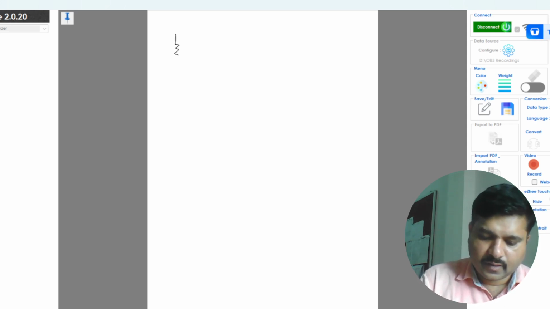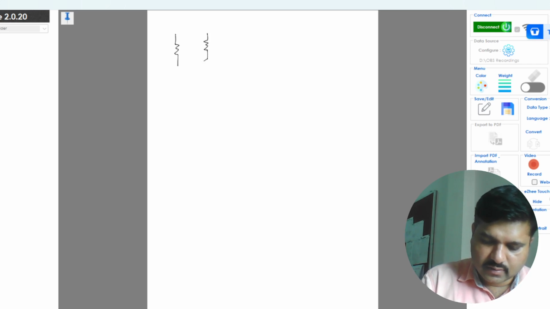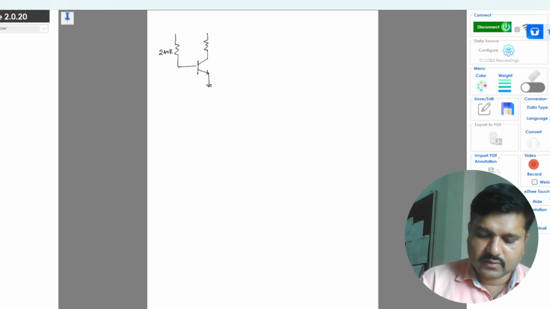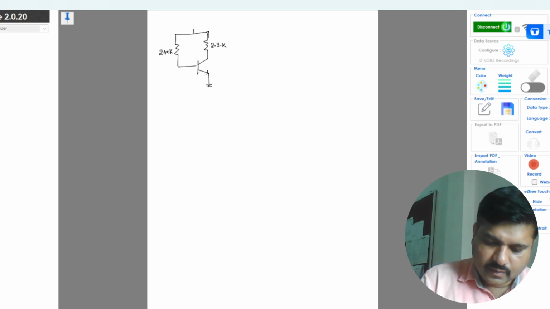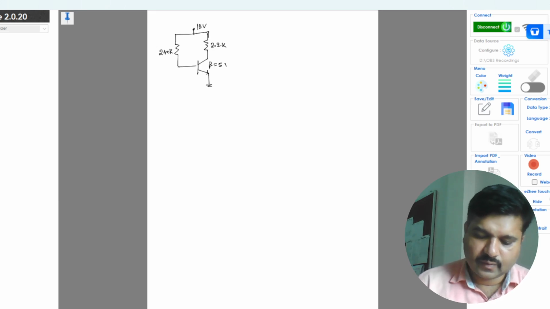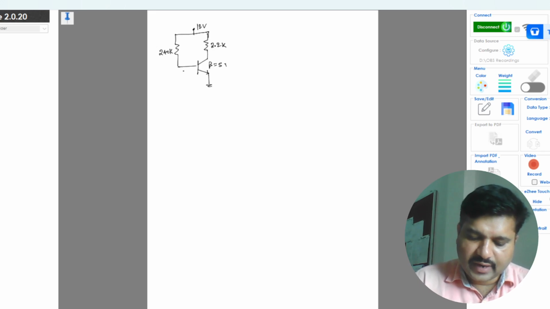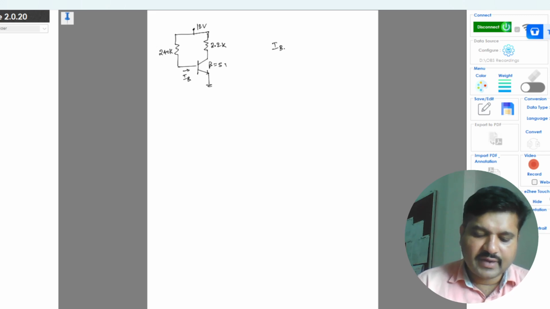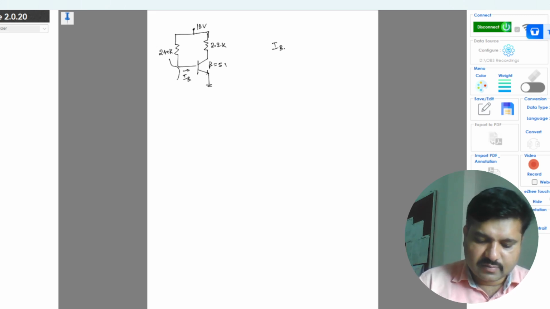Again, fixed bias. This is 240k, this is 2.2k, this is 12 volt, beta is 51. Now to find out the IB here, IB is obtained by applying KVL at the input loop. This is my input loop.